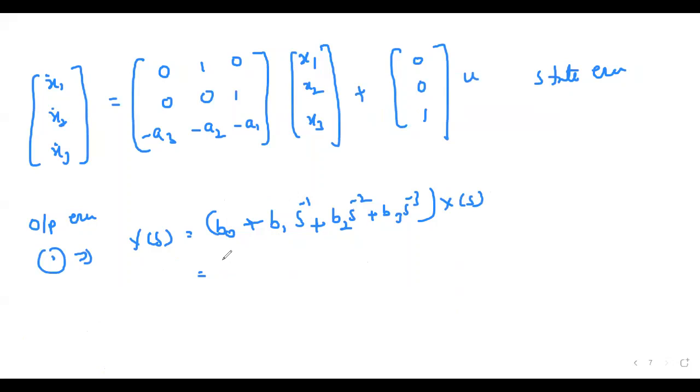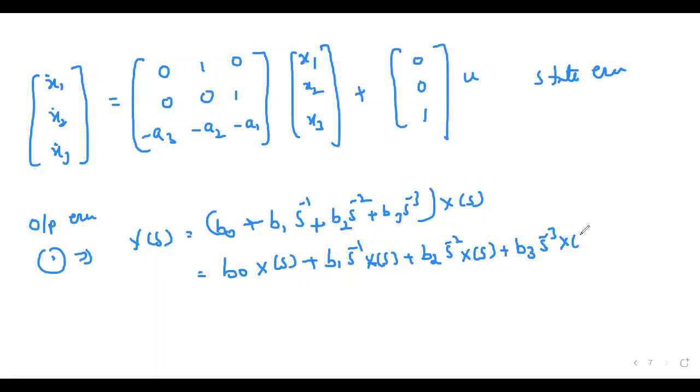Now multiply this: b0 X of s plus b1 s^-1 X of s plus b2 s^-2 X of s plus b3 into s^-3 X of s. Right. Now tell me, this is equal to x1, this is x2, this is x3 and this is x3 dot, correct? Now you tell me the substitution. b0 x3 dot. What is the equation for x3 dot?